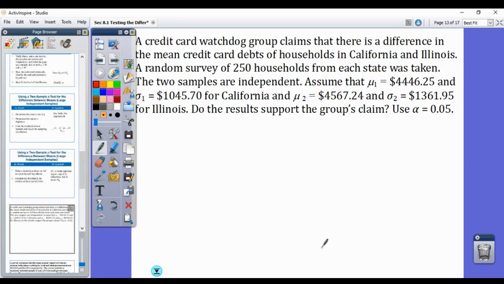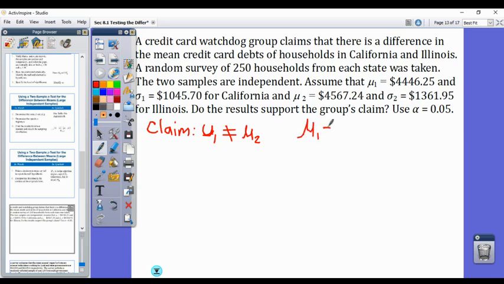Okay, so in this case, our claim is that there is a difference, which means mu 1 is not going to be equal to mu 2. And the complement to that statement is going to be that they are equal.